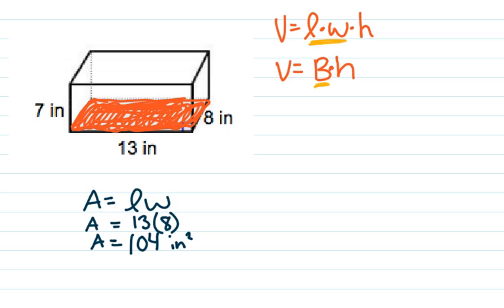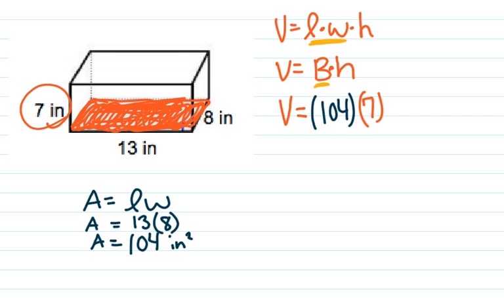Now when you're doing the math for the volume, you won't need to write the inches squared part. So let's fill in our formula. Volume equals base area, which we found to be 104, times prism height, which is 7. The only measurement we didn't use, how tall it is.